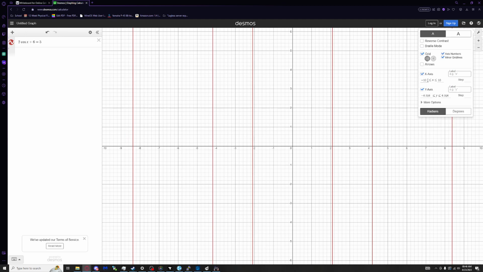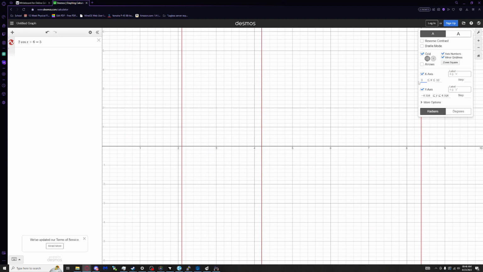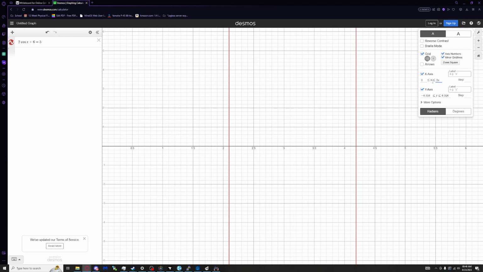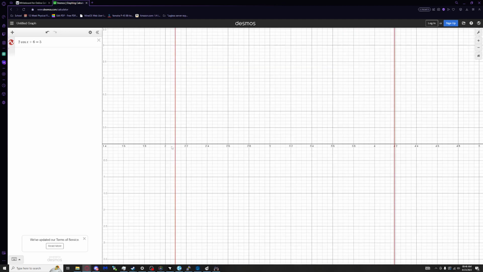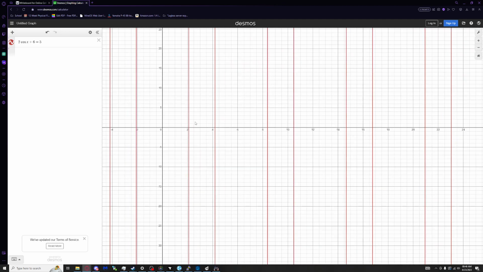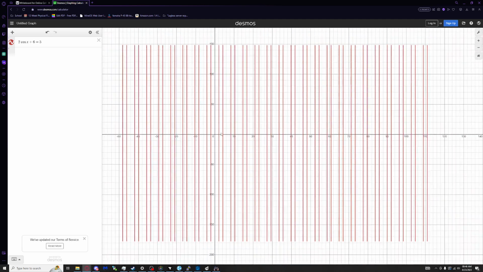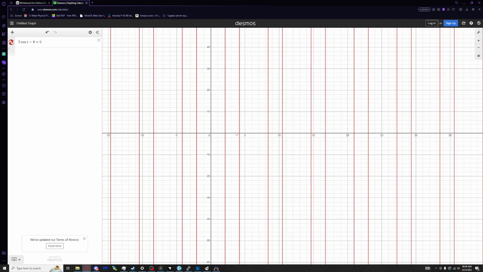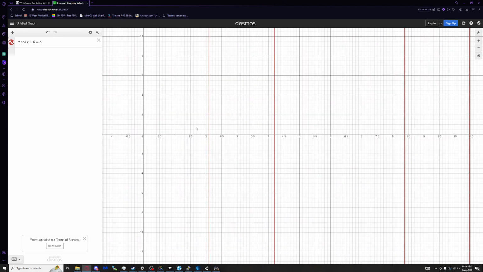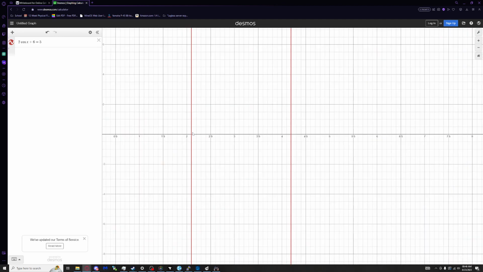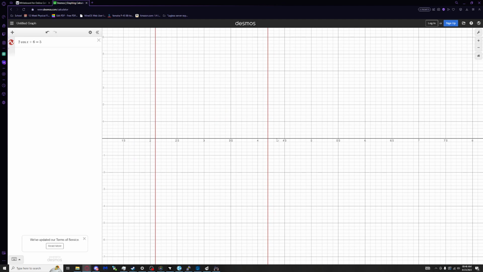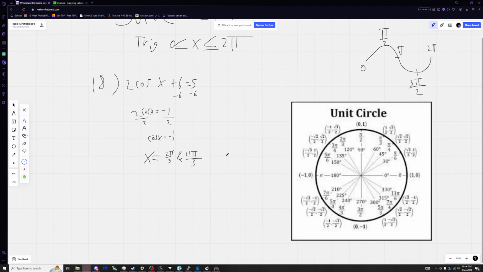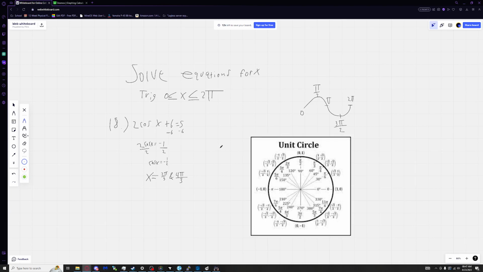We'll restrict the x-axis from 0 to 2 pi, which gives us these values here. Now, we can't check these values because it's really weird. As you can see, it kind of goes pretty much infinitely. But right here is our 2 pi over 3. You can see it's slightly less than pi, and we have our 4 pi over 3, which is slightly greater than pi. So yeah, those are our 2 x coordinates.